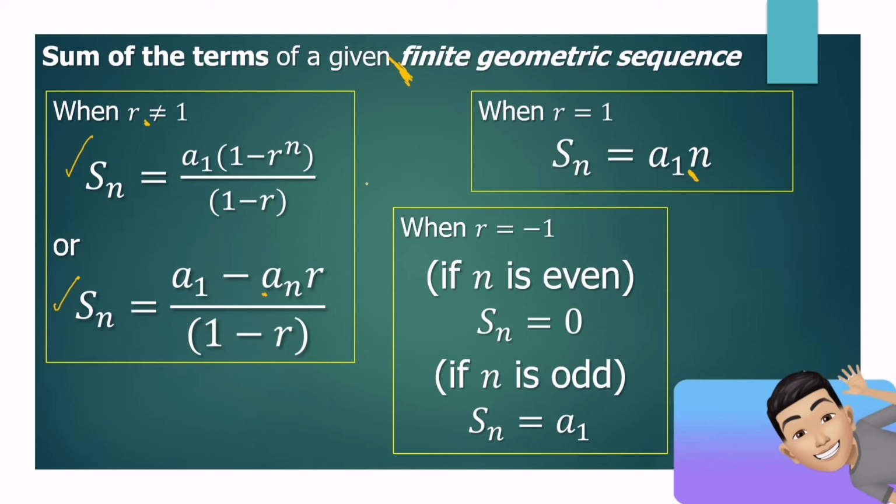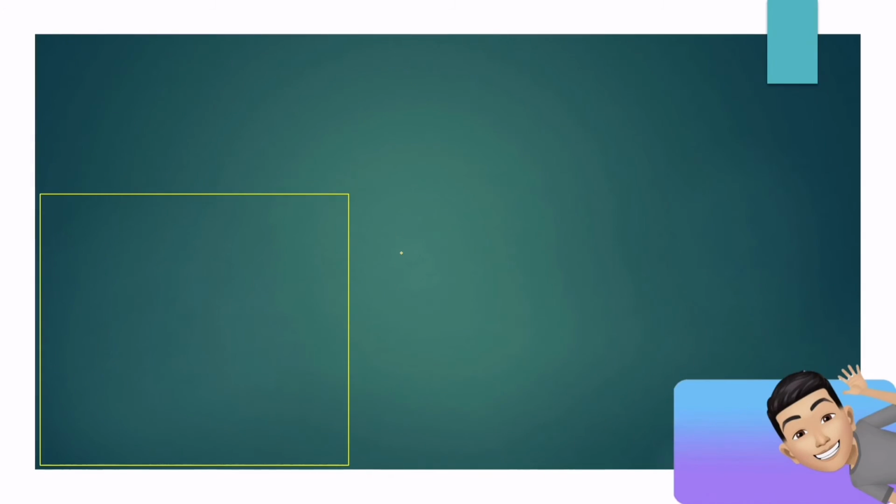So lahat 100 yung ipagpa-plus mo doon sa specific geometric sequence. So, syempre, alamin natin kung paano siya gagamitin itong mga formula na yan, dun sa mga bawat cases na given: R not equal to 1, R equal to 1, R equal to -1, and if n is even and if n is odd. Okay.